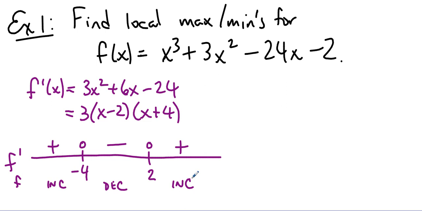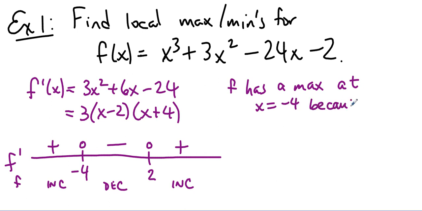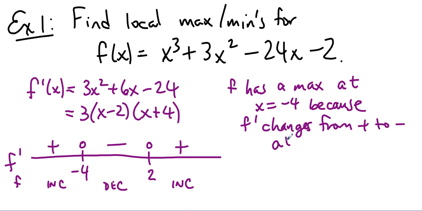So where is there a max? Well, f has a max, a local max, at x equals negative 4 because, and we're going to give a calculus reason here, f prime changes from positive to negative at x equals negative 4.